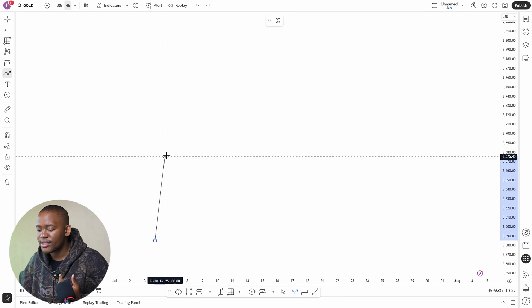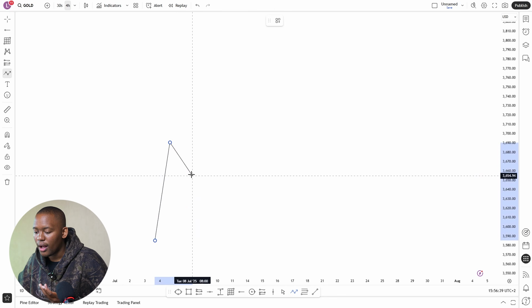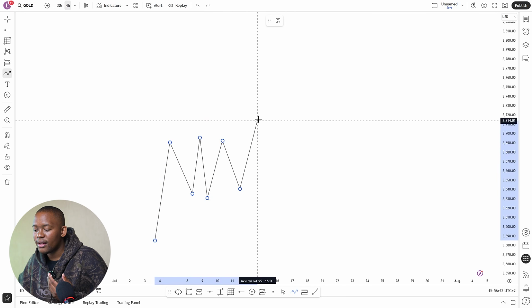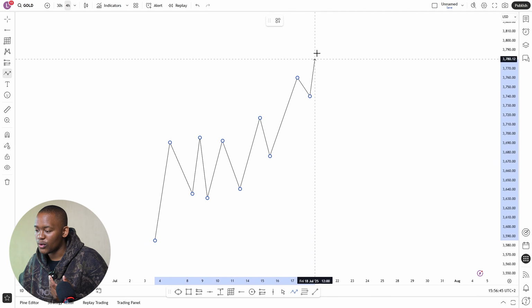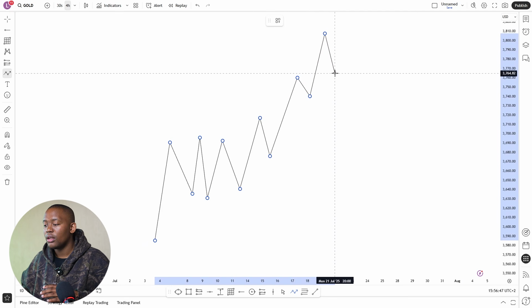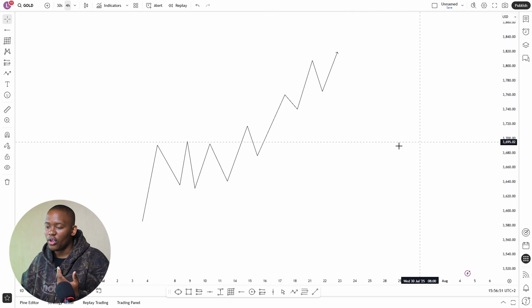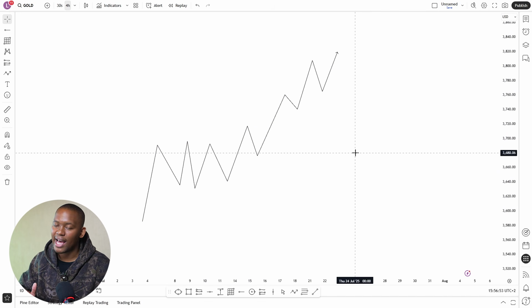So the very first thing you need to do is make sure that you identify a clear direction in the market. What I find best to get my direction is the higher time frame. If you're not sure which direction the market is going, it's pretty simple, guys.